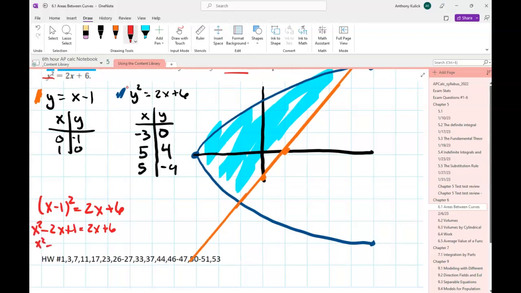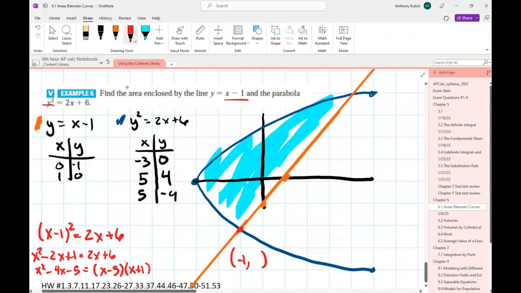So x squared minus 4x minus 5. That factors to x minus 5, x plus 1. So here we have negative 1 something, and this would be positive 5 something. Well, that one I know is 5, 4. And then negative 1 for x should be negative 2 for y if I plug back in here.